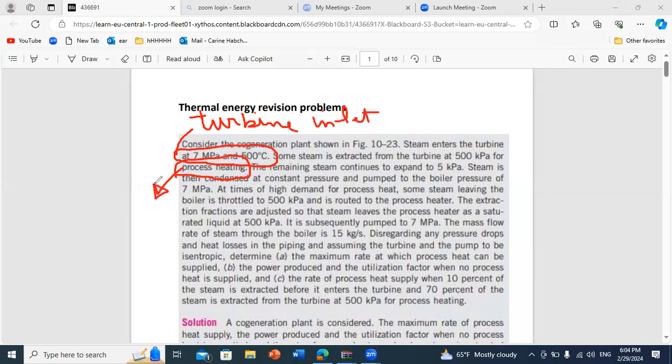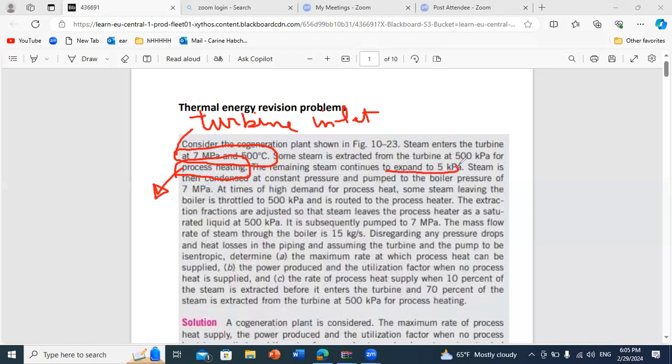So we use a process heater that will take the energy from our fluid and give it to a liquid, for example, water. It can be a heat exchanger that will take heat from the fluid circulating in our power plant and give it to any other fluid. It can be for a water heating application, for example. So we can put a heat exchanger or a process heater in order to extract energy in the form of heat from the fluid. Now the remaining steam continues to expand to 5 kilopascal.